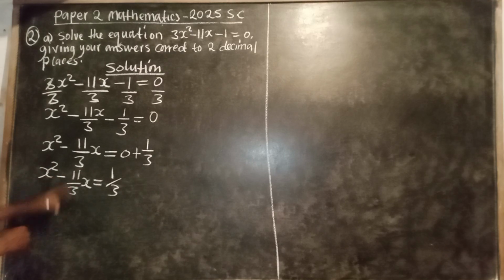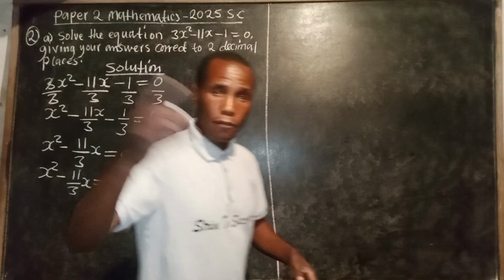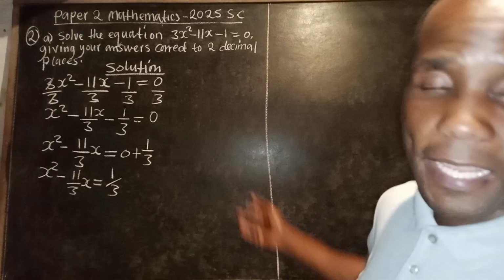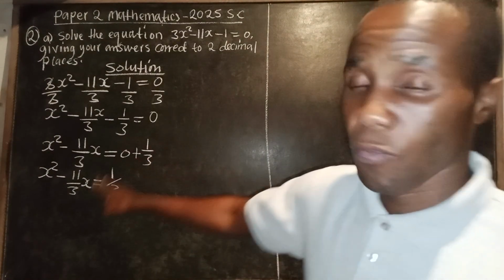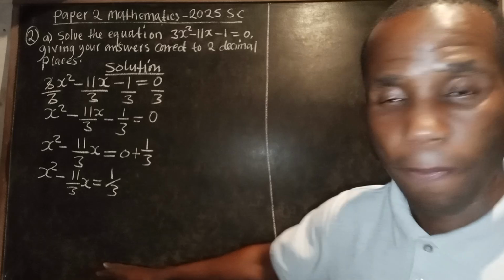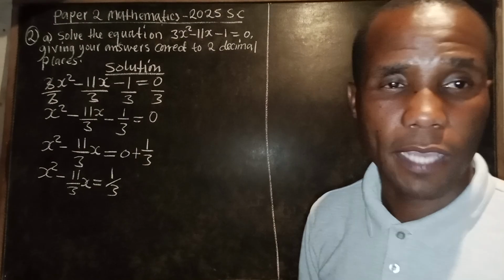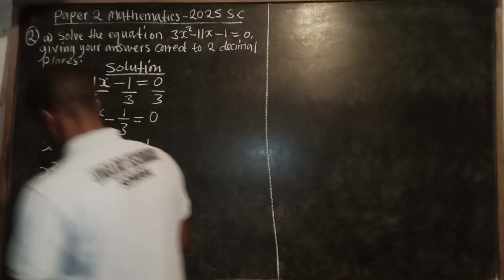After finding the half, you are now going to square that half. After squaring it, you add it to the other side as well as to the same side. Okay, so you see what I'm talking about. I'll show you.